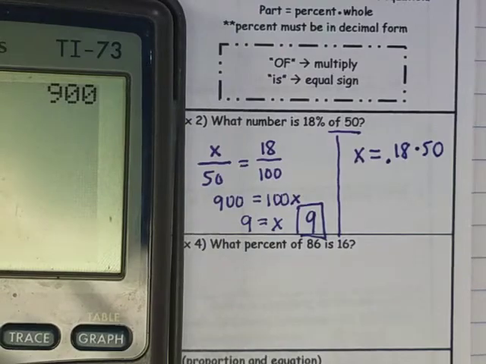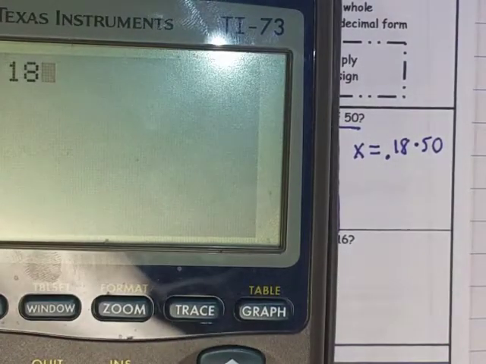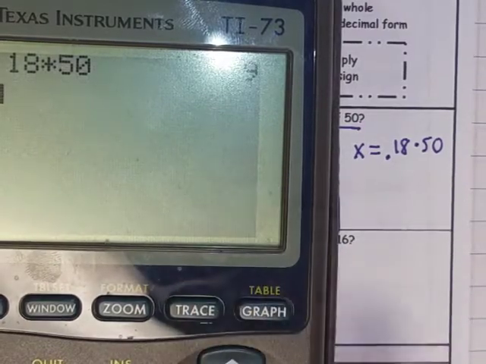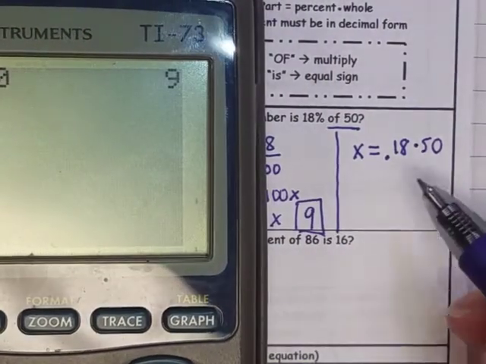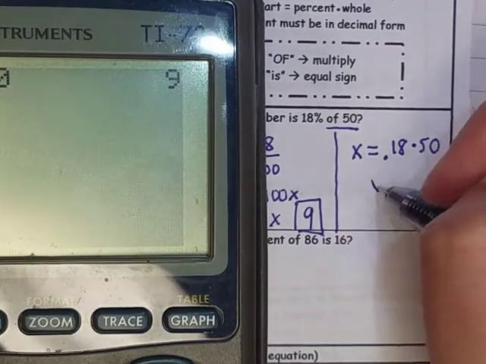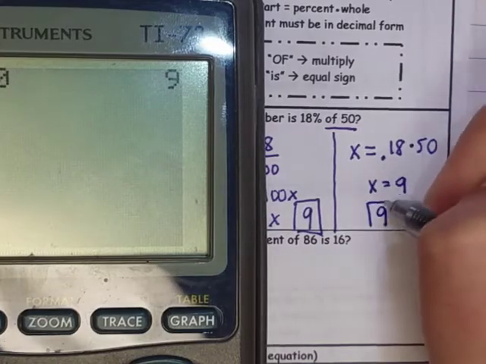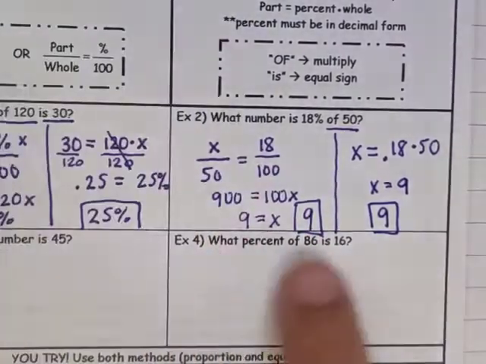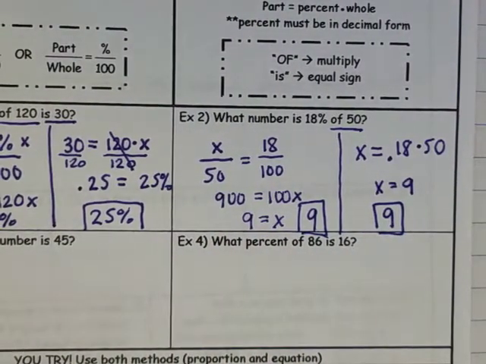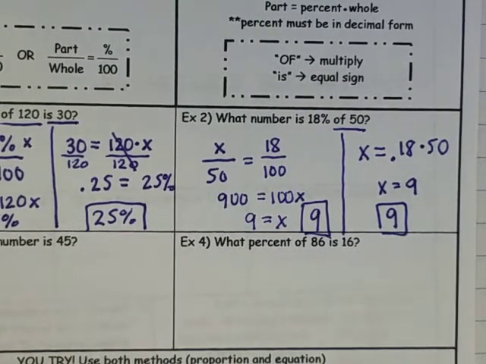So 0.18 times 50 gets us 9. In our calculator, we're simply able to put 0.18 times 50, and we got 9. So 9, again, is our part. We were able to get the same answer with both methods. And you're going to eventually be able to choose which one works better for you.